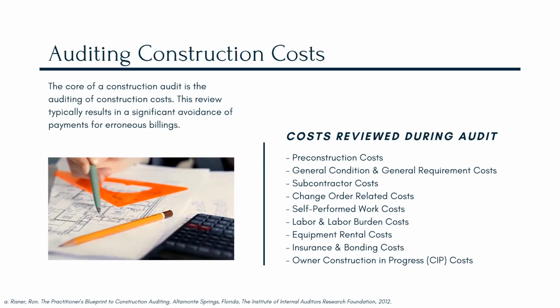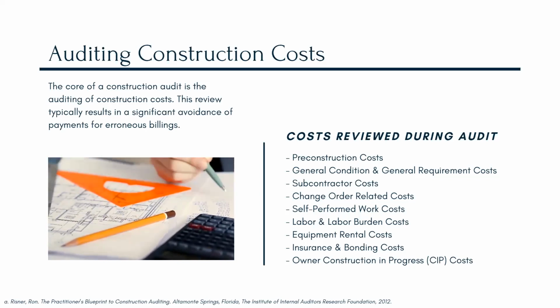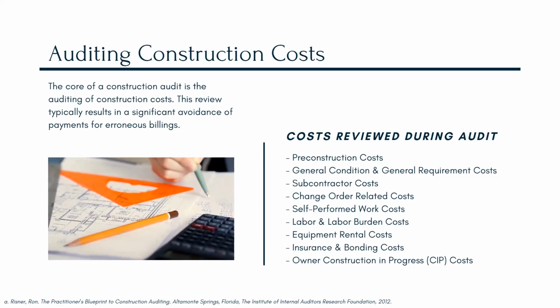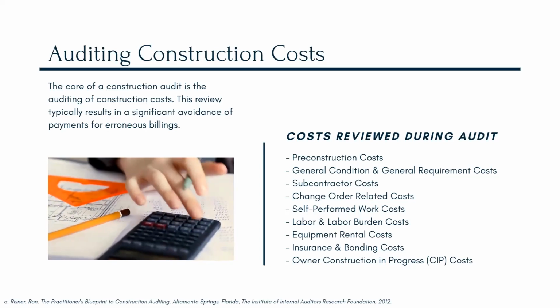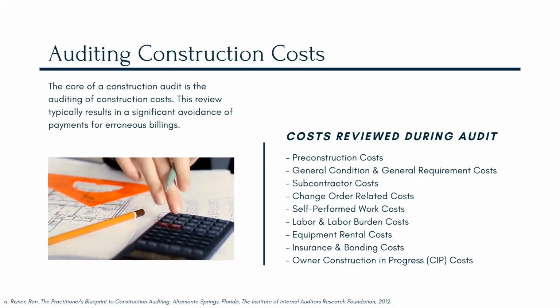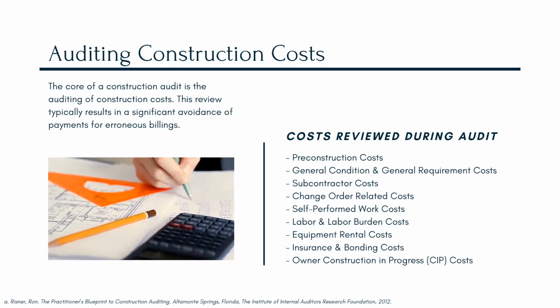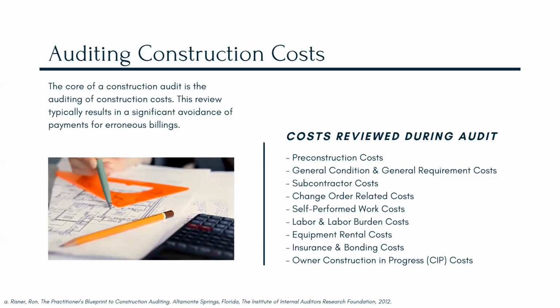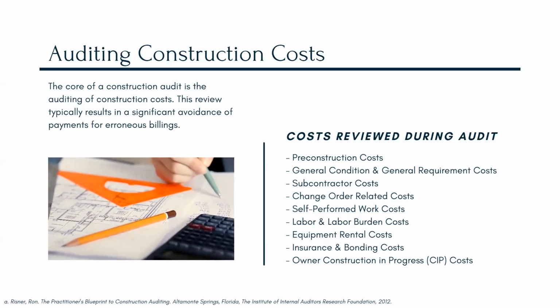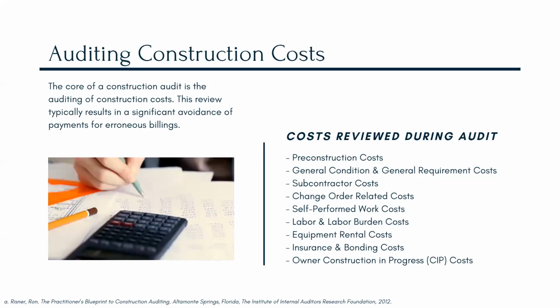Oftentimes there's a layer of lack of transparency between the owner and the subcontractors that's hidden behind general contractors, that an audit can dig down and get to, that oftentimes an owner can't, even in internal audits. Again, it depends on the resources available to get that deep.